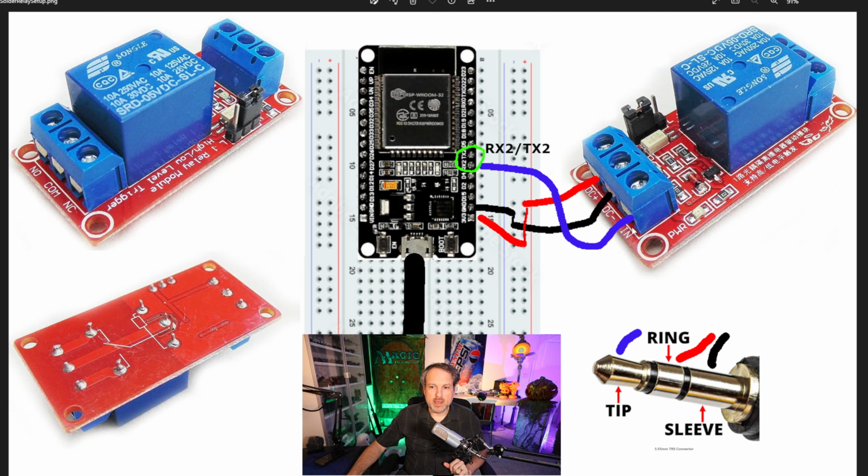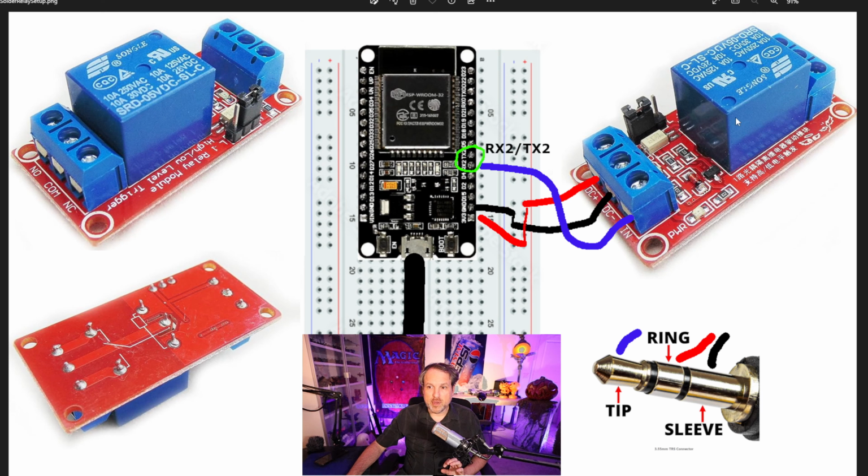And the IN terminal here, for the blue line, is your signal to trigger your relay. I have the board programmed for RX2 or TX2 to trigger the relay. The difference in these two pins is that this one is programmed to send a constant signal for about 2.5 to 3 seconds to hold the relay open. The other pins are just a really quick momentary switch, but this one holds it open for a while.